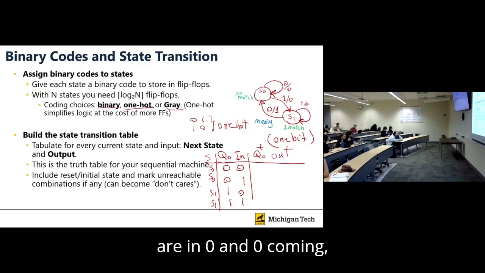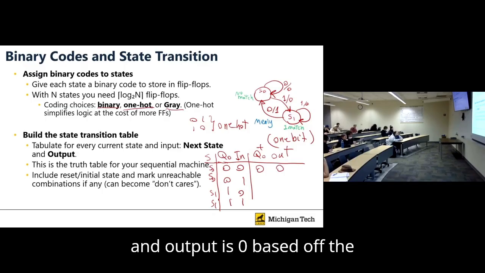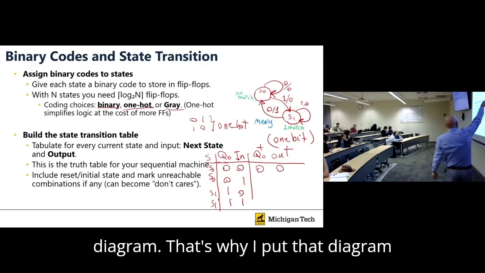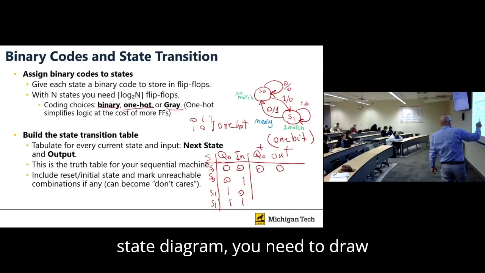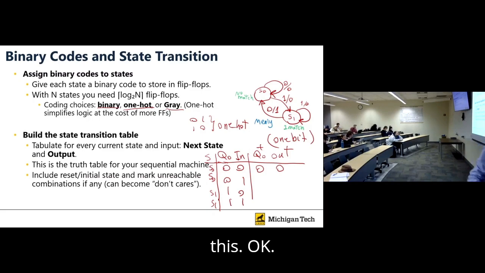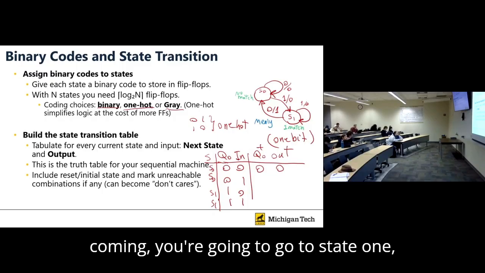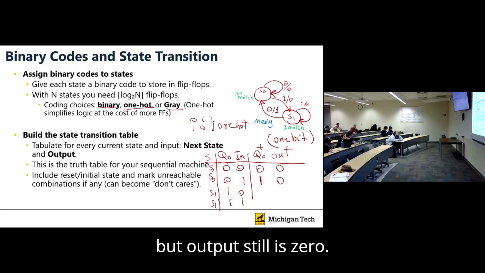If we are in 0 and 0 comes, we stay in 0, and output is 0 based off the diagram. That's why I put that diagram there, because based off that state diagram, you need to draw this. If you are in state 0 and 1 comes, you're going to go to state 1, but output is still 0.